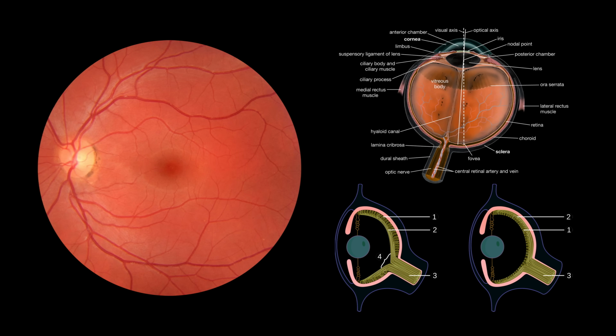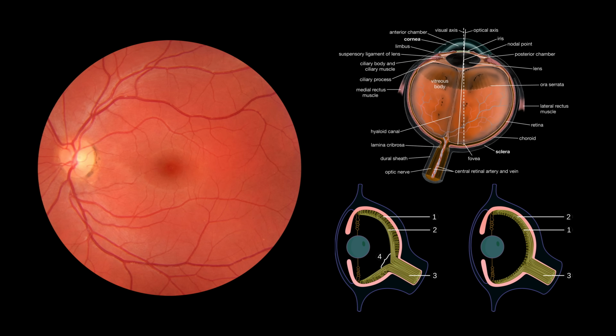So, as the light enters the human eye, as you can see in the top right corner, we have an illustration that sort of abstracts a little bit the structure of the human eye.